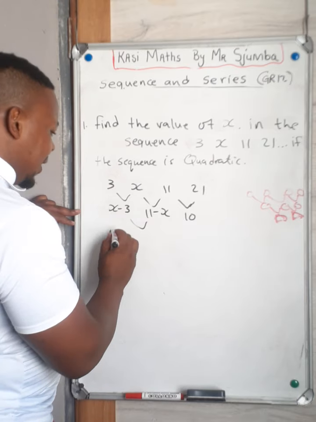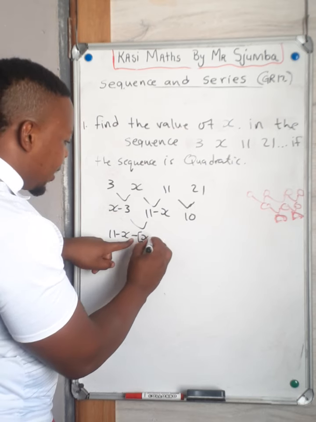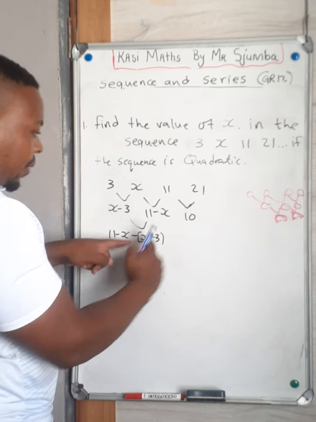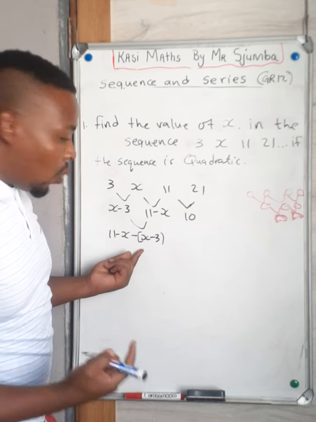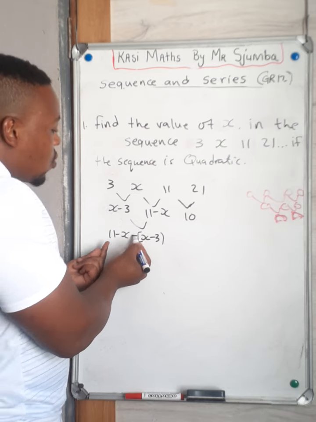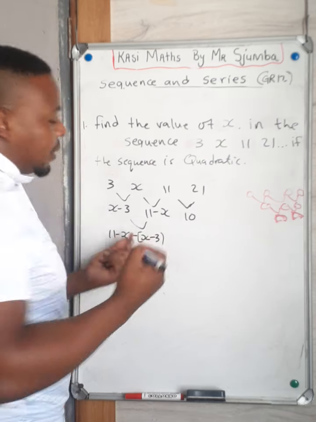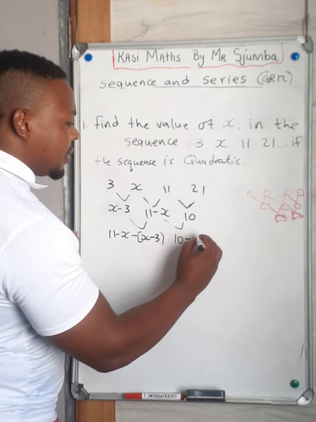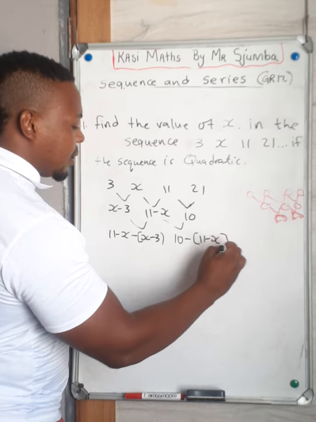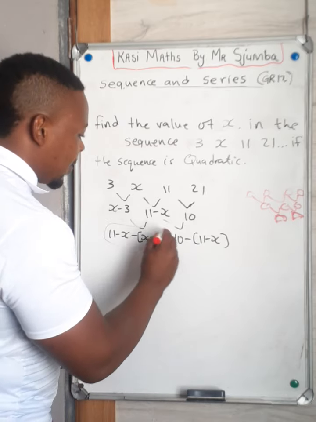So it's 11 minus x minus x minus 3, in brackets, and the second is 10 minus 11 minus x. So now this is our second difference.